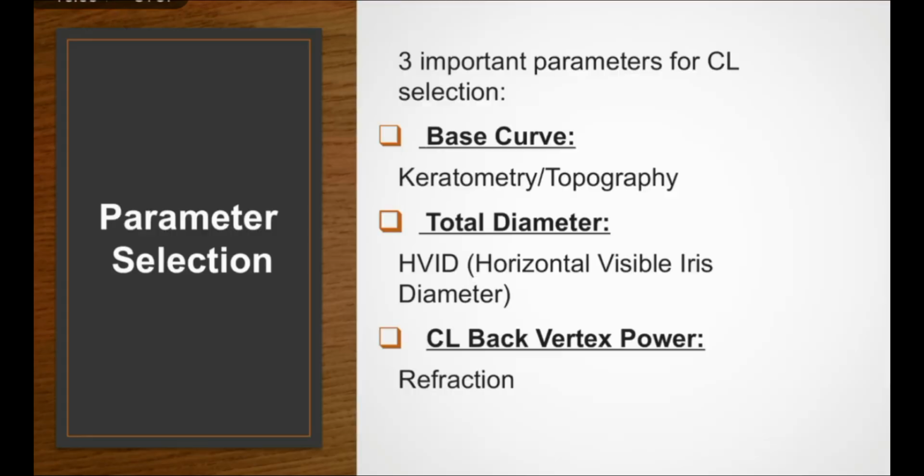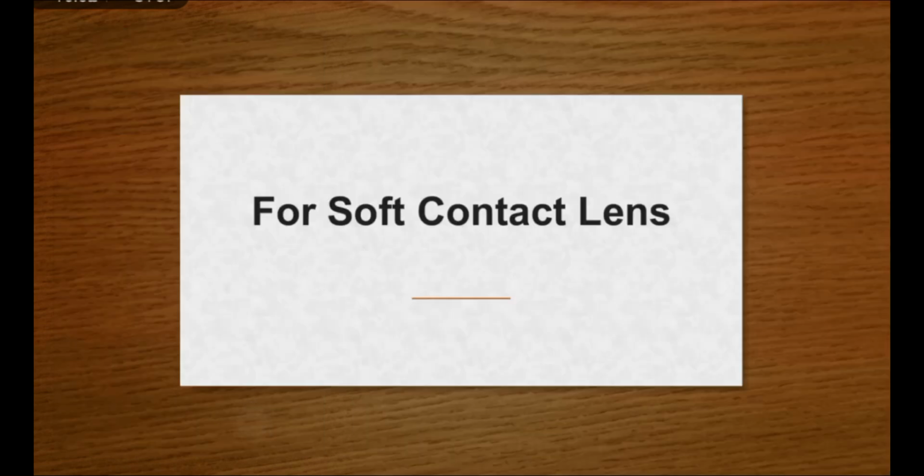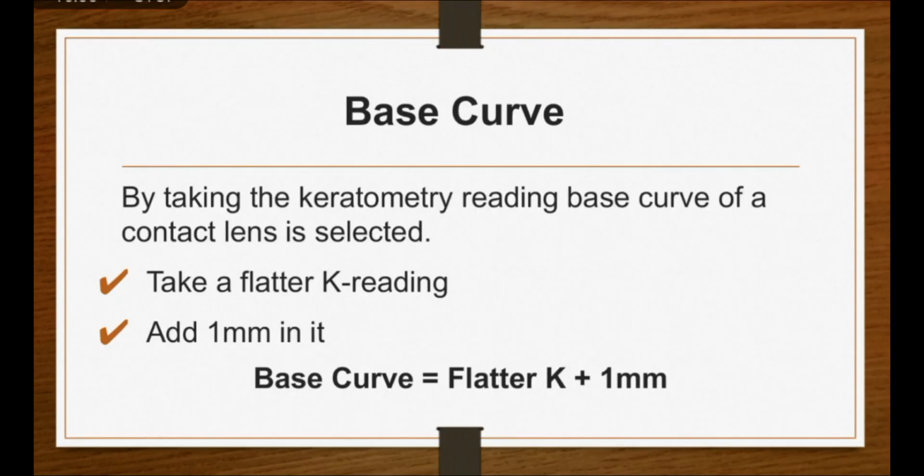So the calculation of these three parameters will be discussed now, and this is only for the soft contact lenses, right? For soft contact lenses, if you want to find the base curve, I have told you that you need to see the K readings, which is the radius of curvature in millimeters.